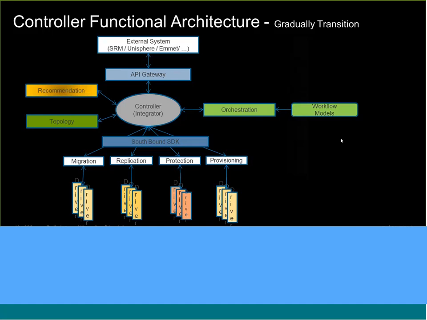Gradually we have to move those, and all the drivers somehow we have to move to the southbound SDK. So again, this is the futuristic architecture. Some of the components which we have attempted, I'll demo.